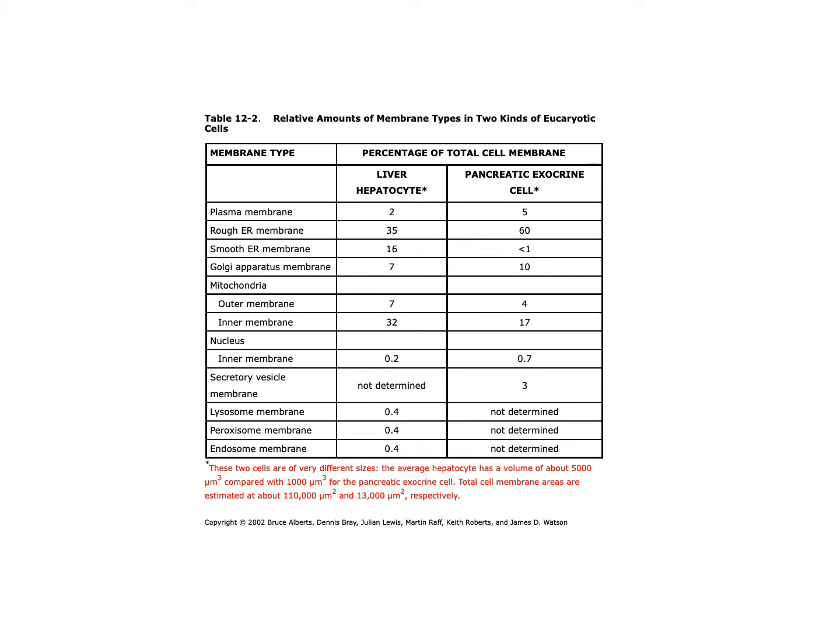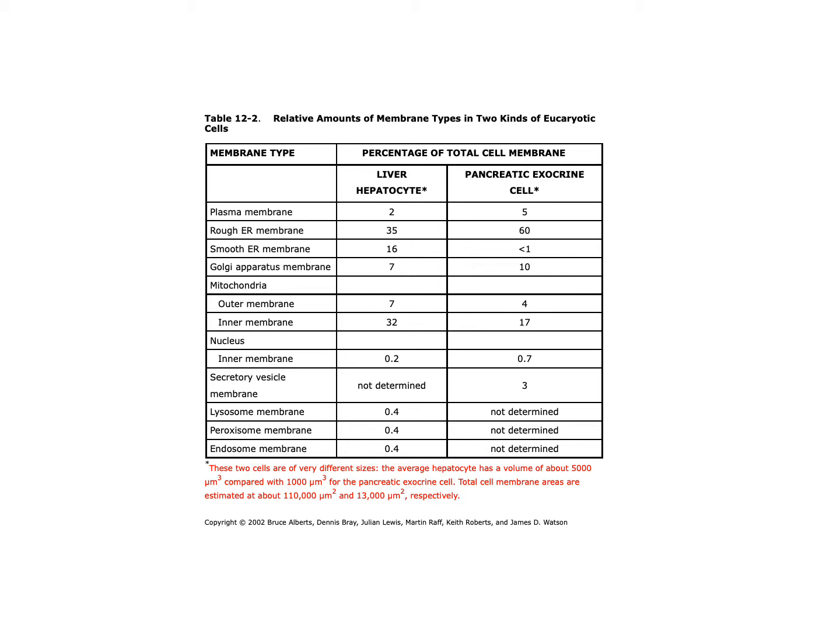So it's not surprising that there would be more ER, particularly rough ER, in a cell that was involved in secreting proteins. And I'll show you an example in just a second, actually on the next slide, where we can change the amount of rough ER in a cell based on how much protein it needs to accommodate.